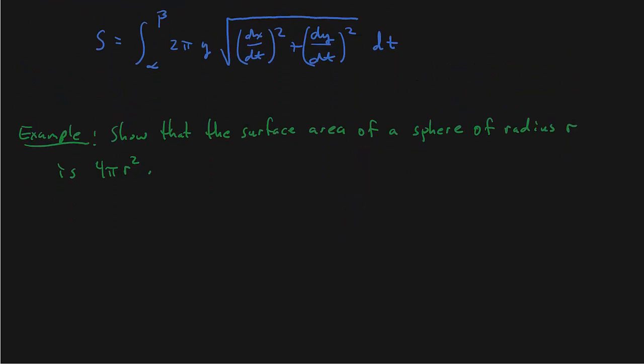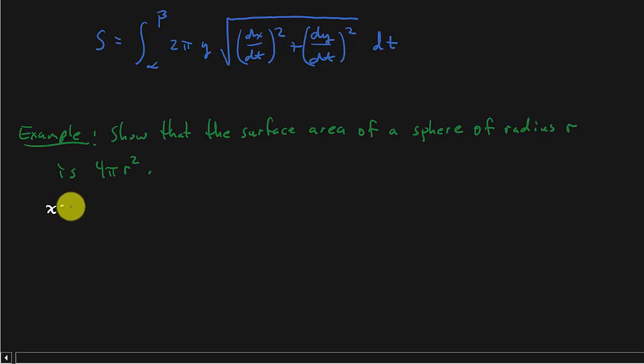All right, so first thing we need is equations. And so we can do that by x is equal to r cosine t, and y is equal to r sine t.